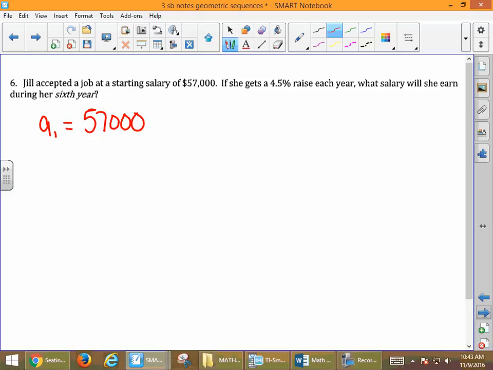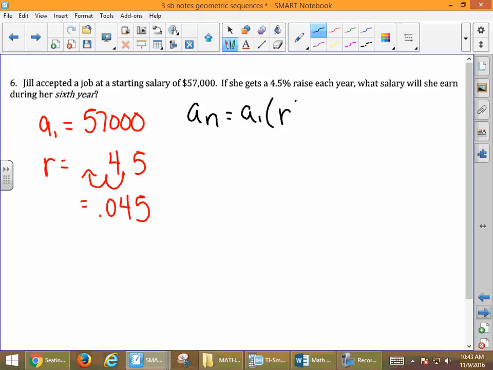We have a 4.5% in here. How do we write 4.5% as a decimal? Well, remember, 4.5, we're going to move the decimal 2 spaces to the left. So that's going to be 0.045. And when we put this back in there, my r is a little bit misleading, because our formula is a sub 1 times r to the n minus 1.